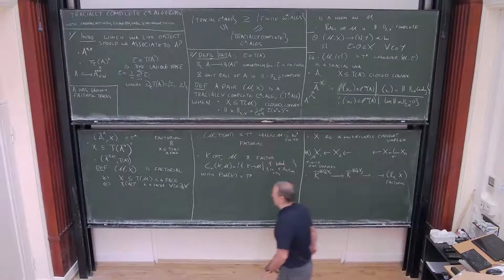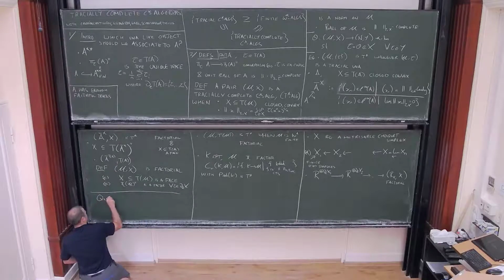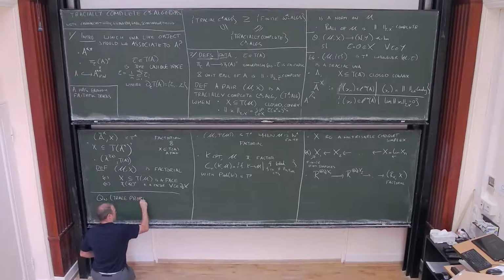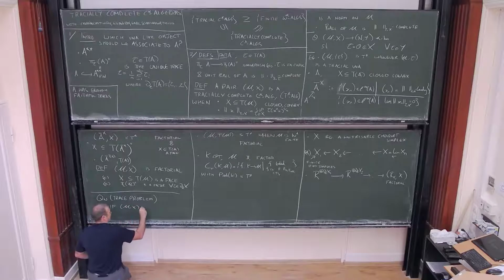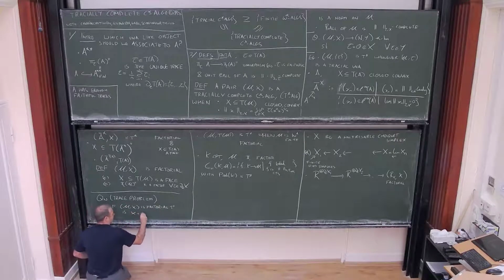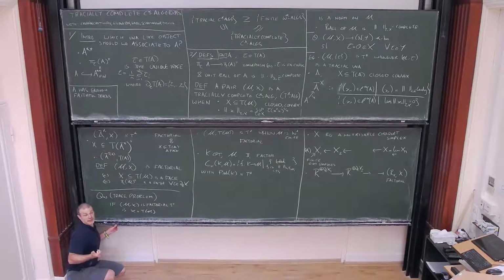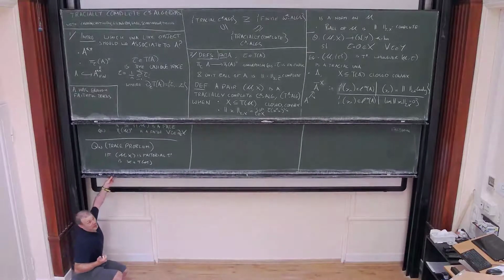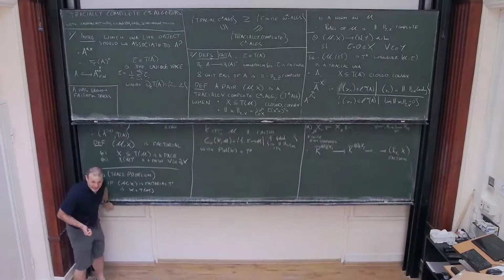The question, which I'm calling the trace problem: if M_X is factorial, and T_X are all traces on M, are there any non-normal traces, or non-2-norm continuous traces, on tracially complete C-star algebras?